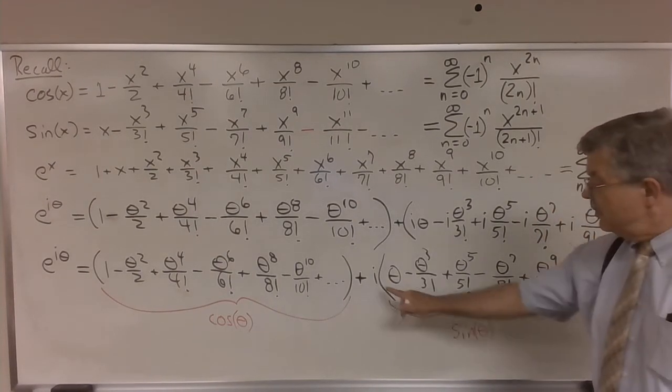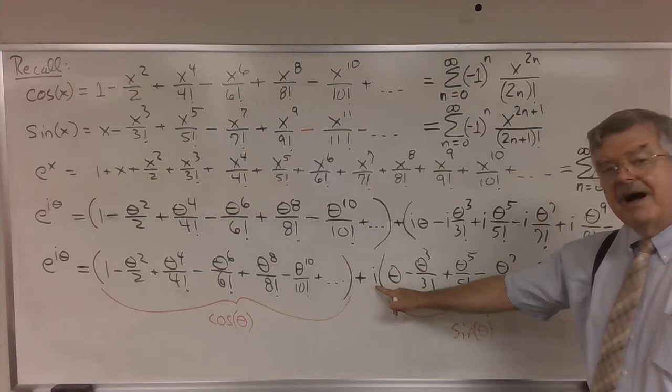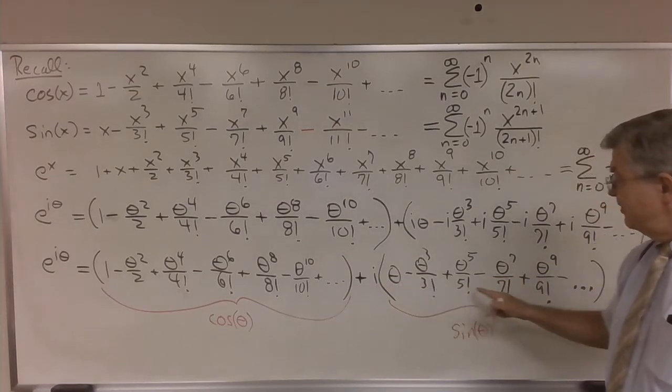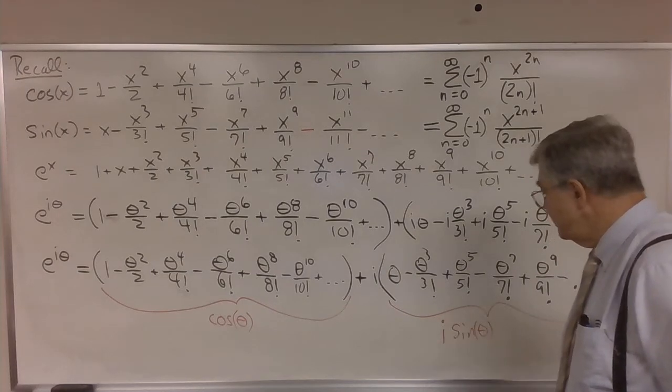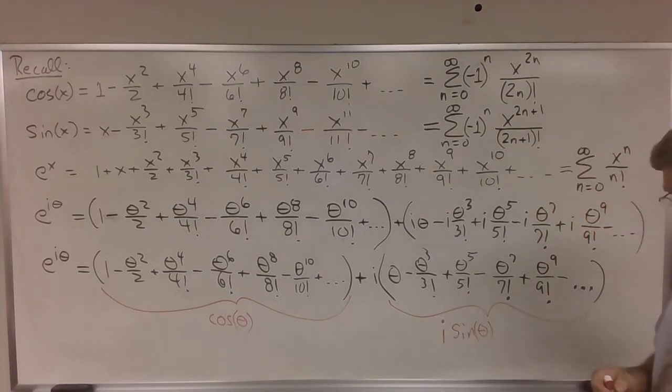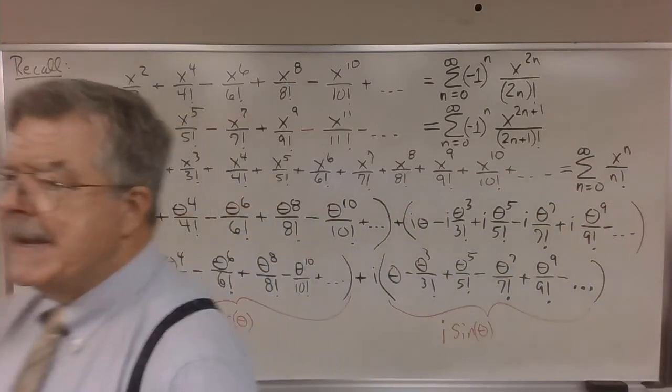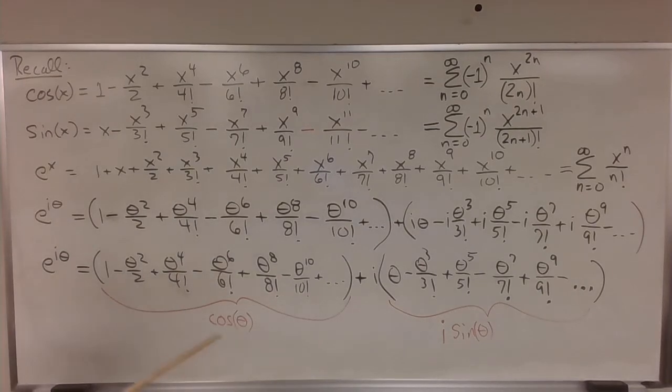And don't forget what we have out here. We have this i times everything inside the set of parentheses. So this is i sine of theta. Now, how did we get this gobbledygook in the first place?